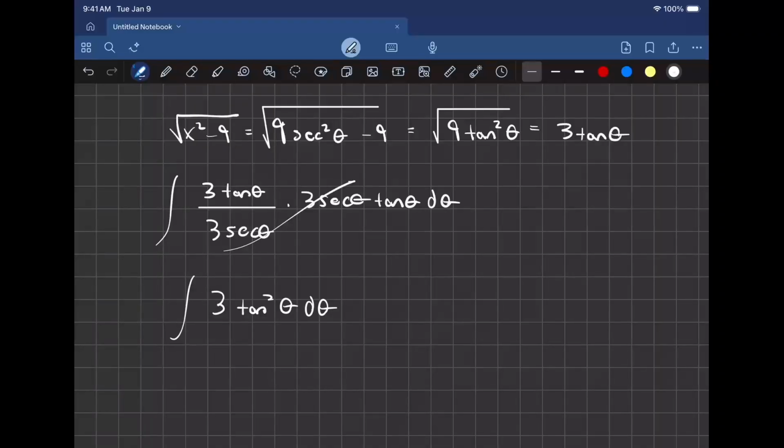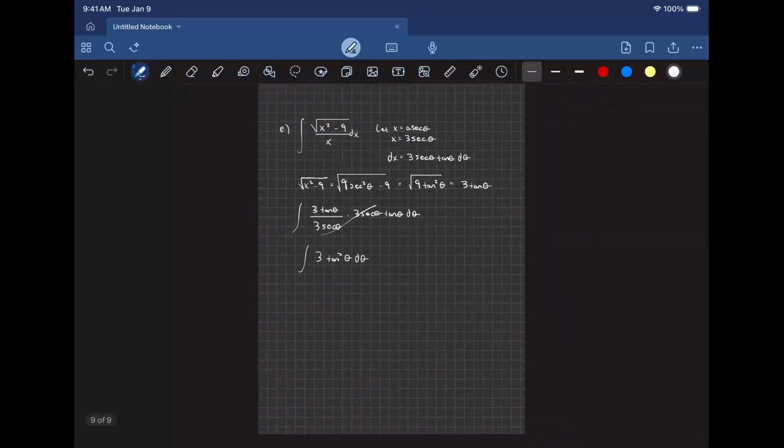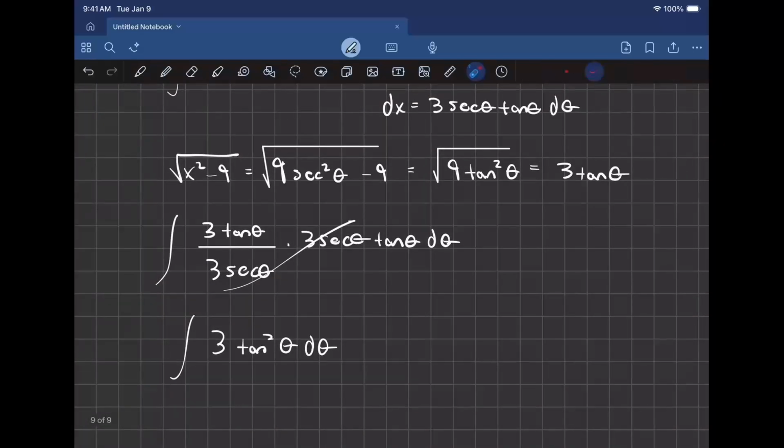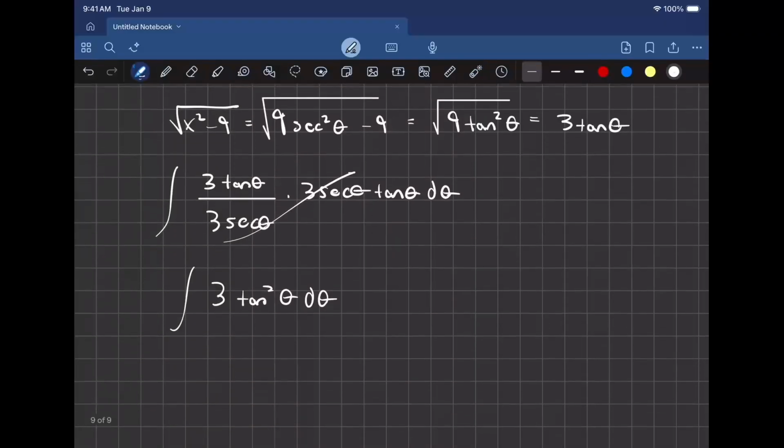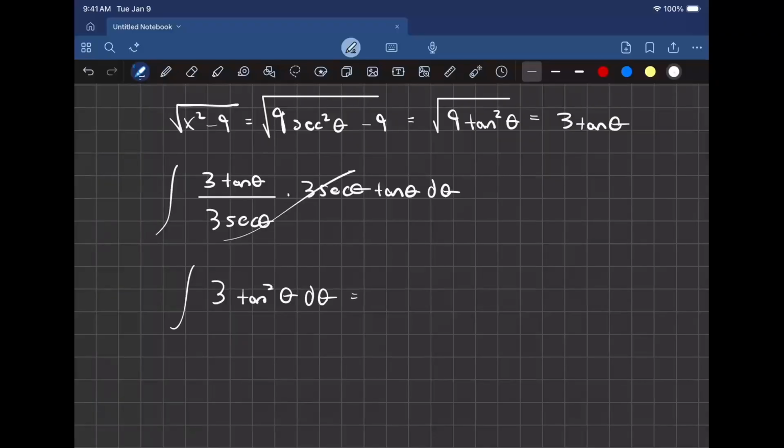So now we're looking at this integral. We used this identity in here to get to tangent. Now I'm going to go the opposite direction to get to the secant identity. So we can write this as, we'll take the 3 out of the integral, and this is equivalent to the integral of secant squared theta minus 1 in parentheses d theta.